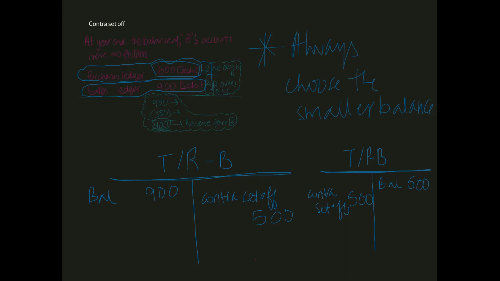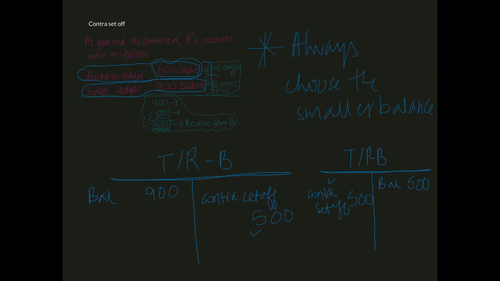Now what is actually happening here? What will be the effect of writing 500 in both accounts, in the trade receivable account on the credit side and the trade payable account on the debit side?